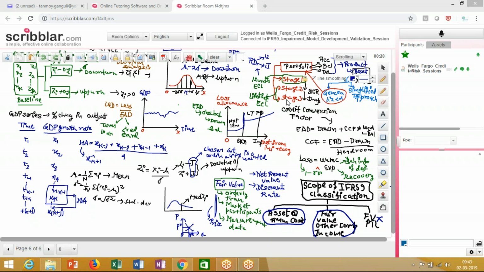It's not that you go to a market and buy the assets as such. There is a transaction which happens, and the list of such transactions happening is called the capital market.